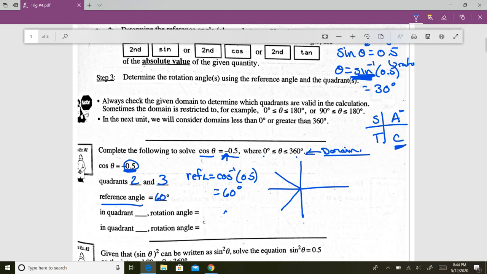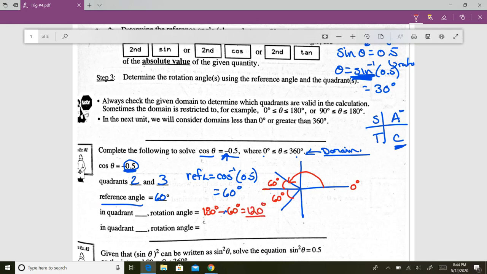Which means, if you remember a reference angle from first lesson, it's the angle to the x-axis. So those angles are 60 degrees. So, remember, we start at 0. So we start here, we rotate to here. What is that angle that we rotate to? Well, it's going to be 180, because this is 180, minus the 60 degrees, which is going to be 120 degrees.